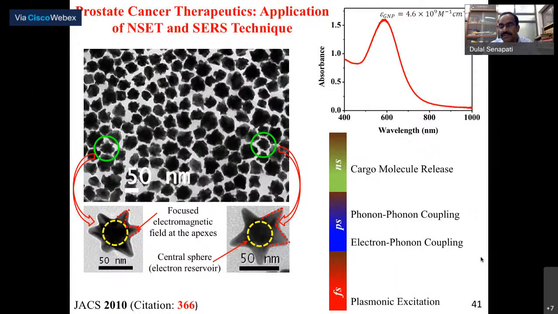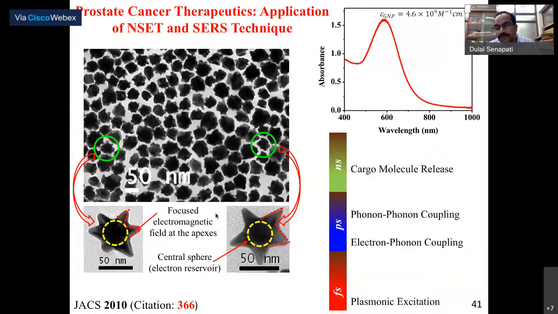Not only that, this type of star-shaped or popcorn-shaped particle absorbs visible light through plasmonic excitation. Once excited, the excitation cannot come back as emission because these nanoparticles don't have a radiative path.